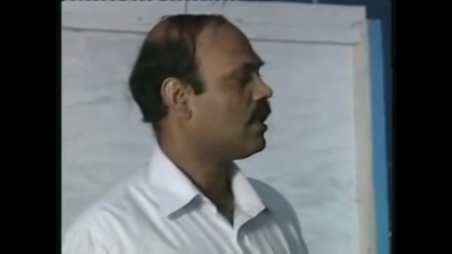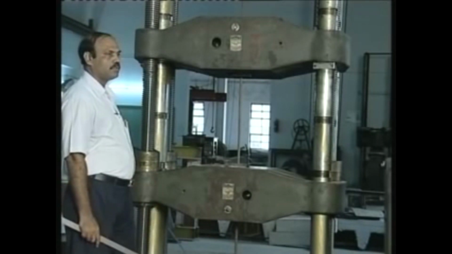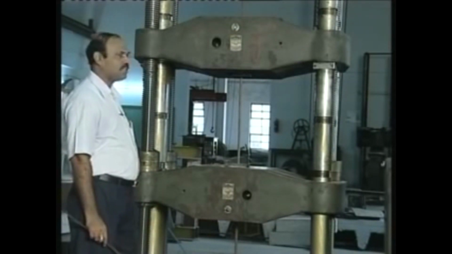The objective of this particular test is to evaluate again the yield stress of the material, the ultimate stress at which it fails, and the elongation it undergoes, which gives us the measure of the ductility of the specimen.